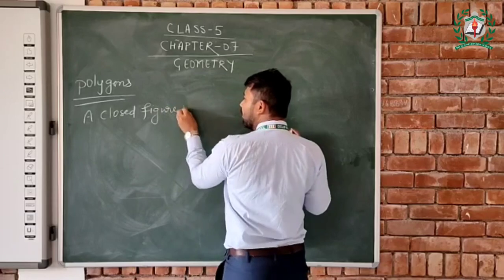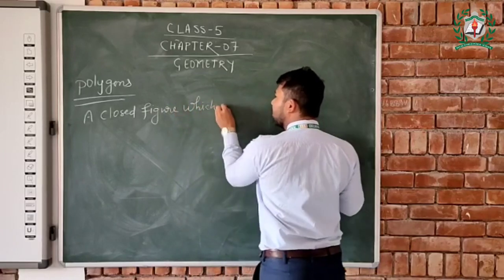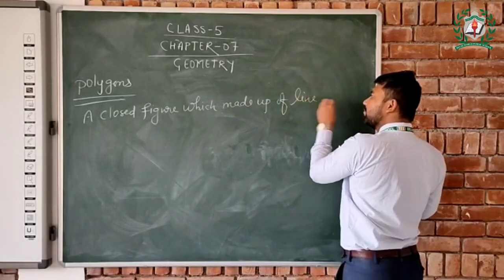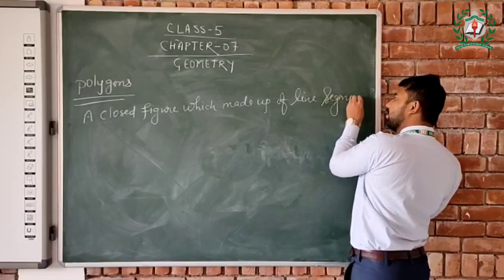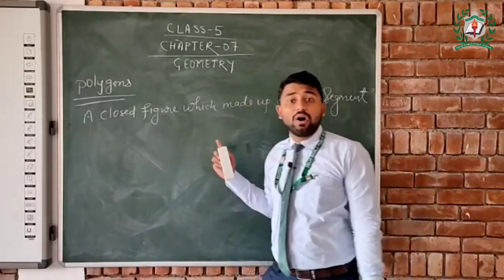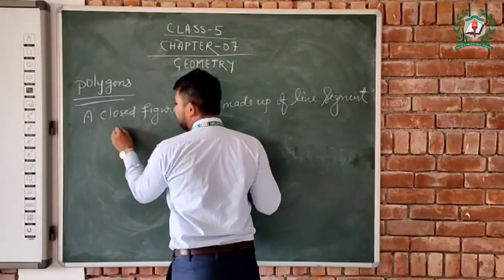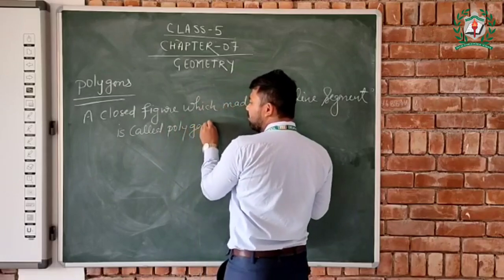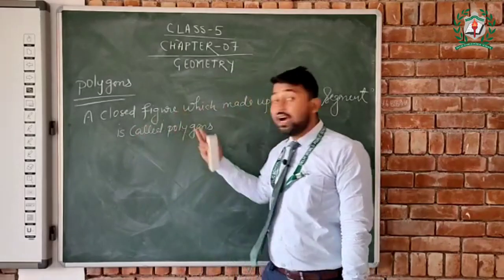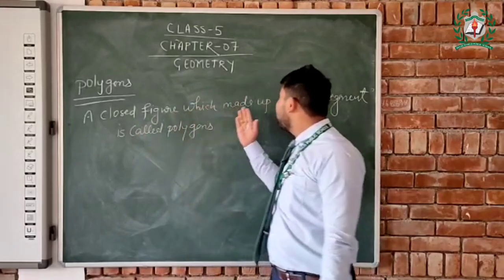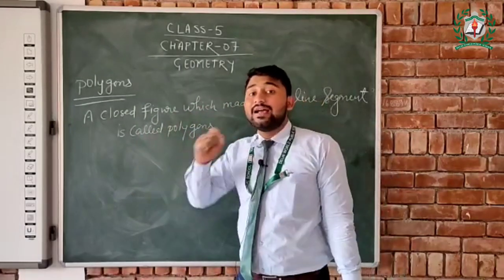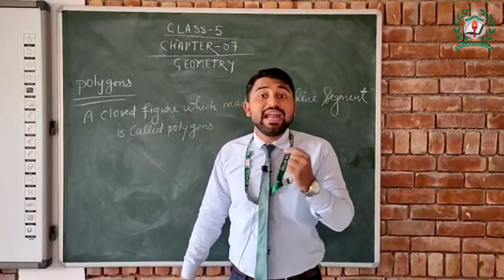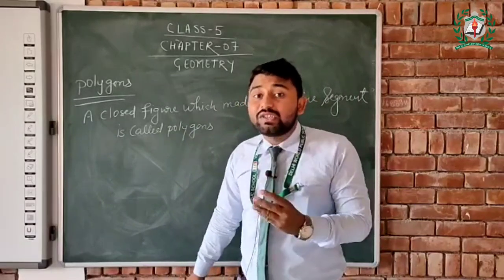A closed figure which is made up of line segments is called a polygon. I'm just repeating it once again.